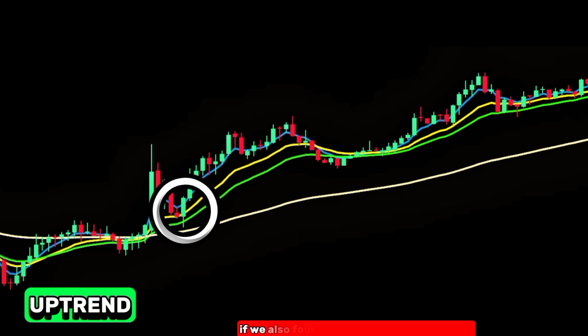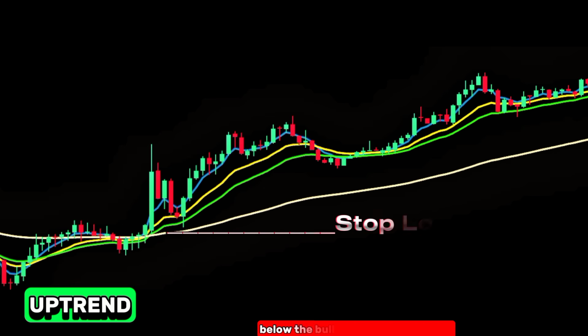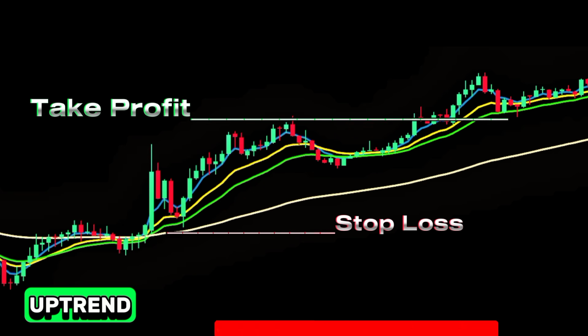Fortunately, we also found a bullish momentum candle as price touched the line, which gives us a go-ahead to enter the market and take the trade, placing our stop loss below the bullish momentum candle and our take profit target at least 2 to 3 times the size of your stop loss. And right here, you can see that this trade was a successful one. Our take profit target was hit successfully.